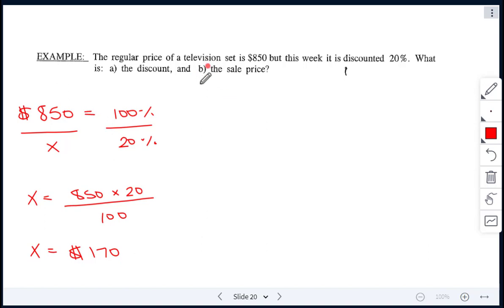So to calculate B, which is the sale price, now what we would do is take our regular price, which was $850, and we're going to subtract the $170, which gives us our sale price of $680. All right, so this is the sale price of that television set after you get your 20% discount.